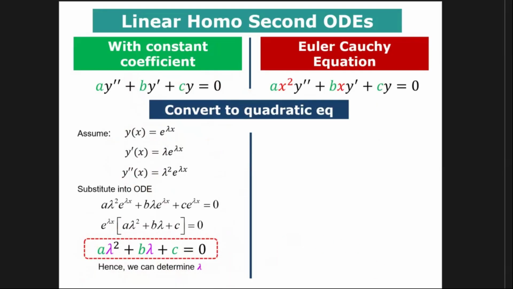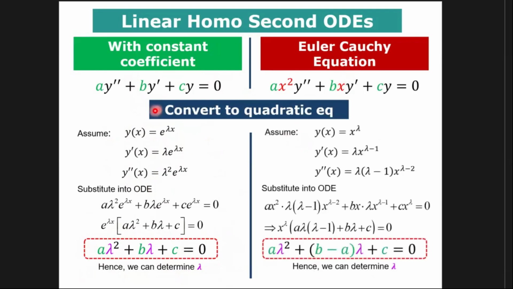All right, for the Euler-Cauchy equation, the assumption is a little bit different. For constant coefficient, the assumption is y equals exponent lambda x. For the Euler equation, on the other hand, it is y equals x to the power of lambda.